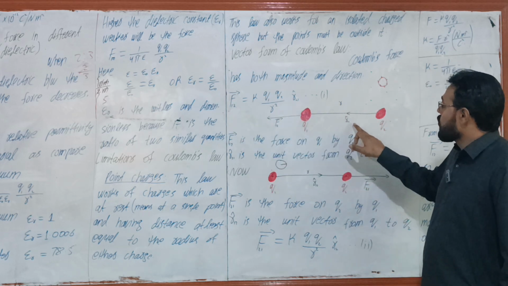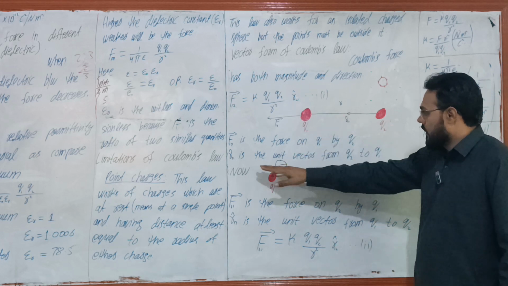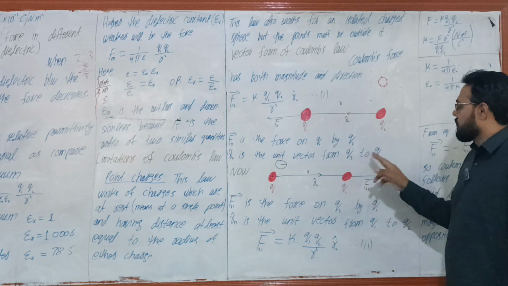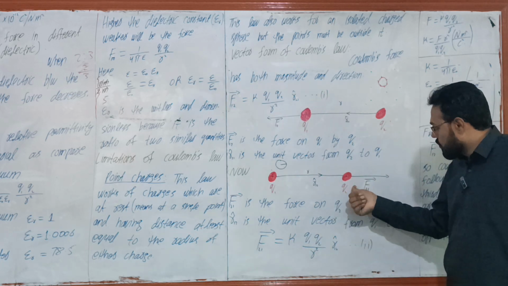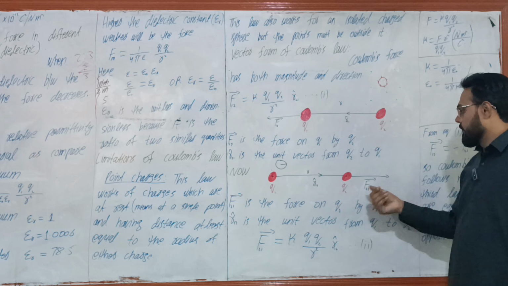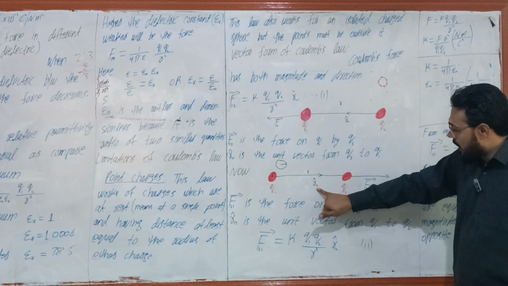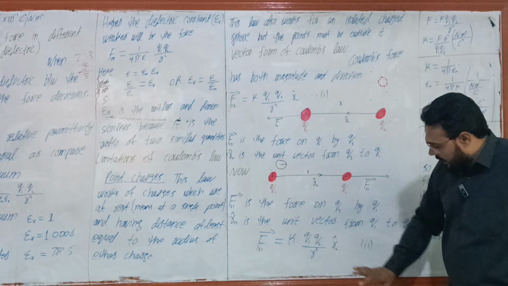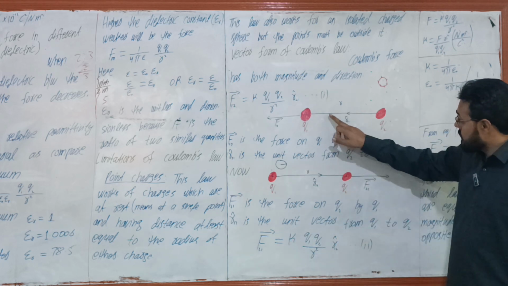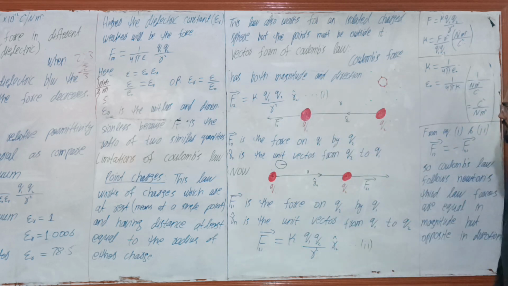And the unit vector r21 is the direction from Q2 to Q1. Similarly, F21 is the force on Q2 by Q1. The direction will be in this direction, and r12 is the unit vector. Here we put the arrow. Now these two forces, F12 and F21, are equal in magnitude but opposite in direction.